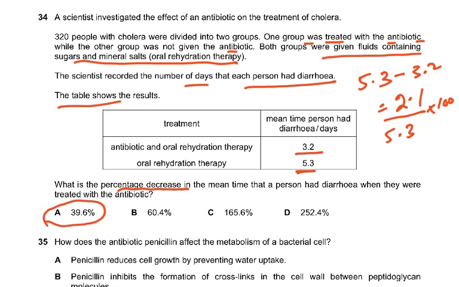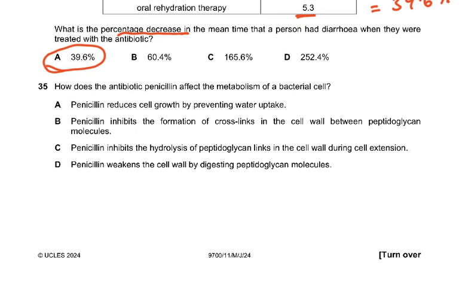And the answer is this, it's A, 39.6%. You see, percentage decrease means change over the original. The original oral rehydration therapy was 5.3, so you take the difference and divide it by 5.3, and then you get the answer. Then coming to question number 35. How does antibiotic penicillin affect the metabolism of a bacterial cell?